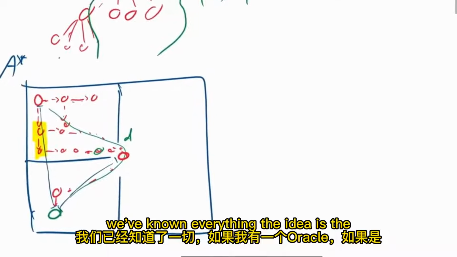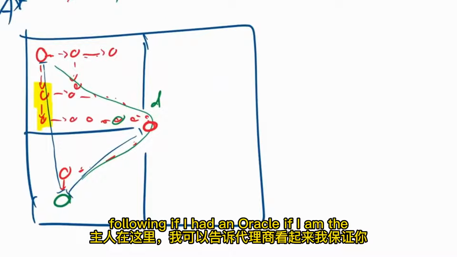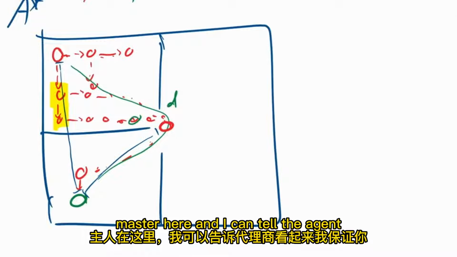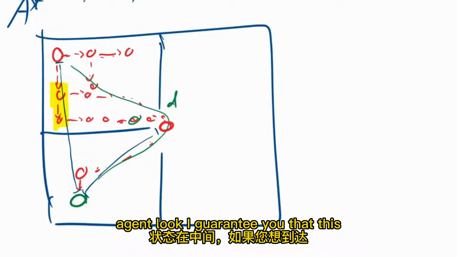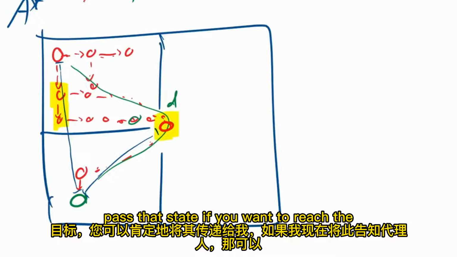So what's the idea here? So far, we've known everything. The idea is the following. If I had an oracle, if I am the master here, and I can tell the agent, look, I guarantee you that this state right here in the middle, you will pass that state. If you want to reach the goal, you will pass this, for sure.